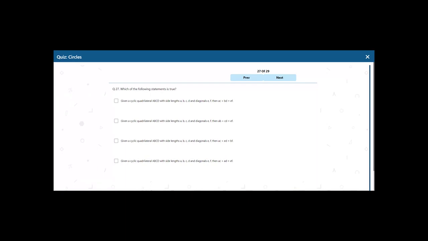Lengths are given as ABCD. Diagonals are E and F. It's very difficult to answer this question, right? Yes, ma'am.